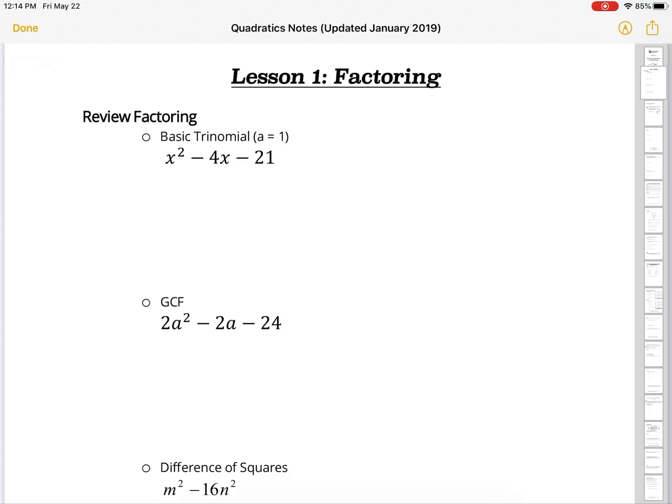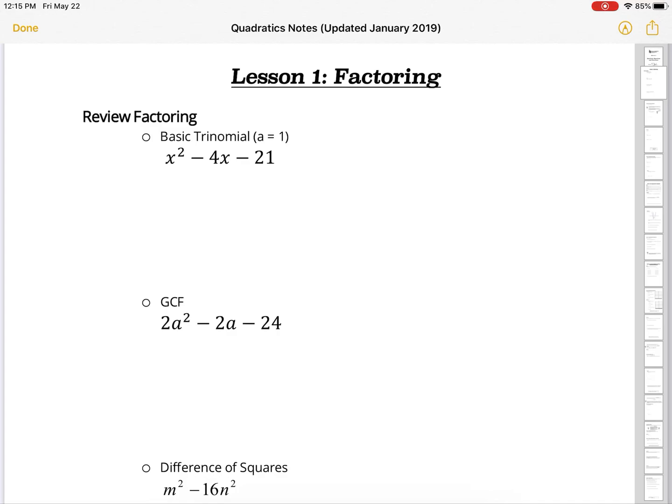So, before we do quadratics, we really need to review factoring because we use that a lot. So, let's look. This should be a bit of a review, some of it from Math 10C, and we'll do some extra practice.